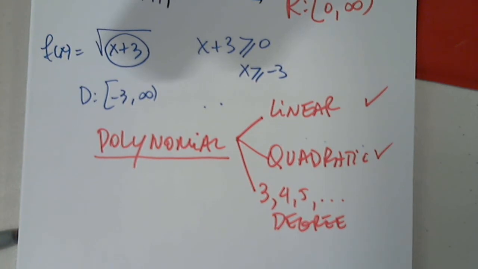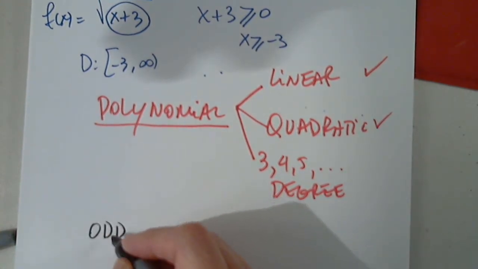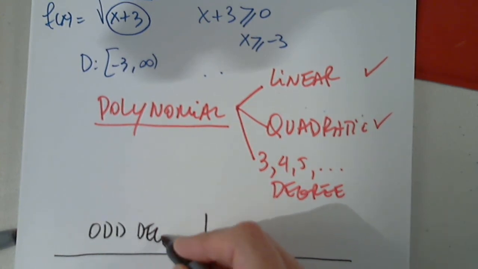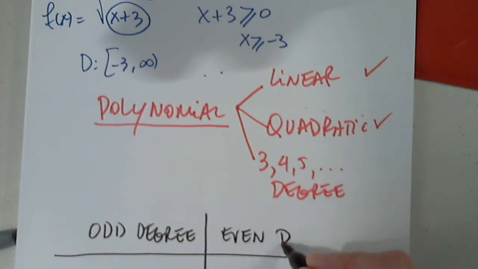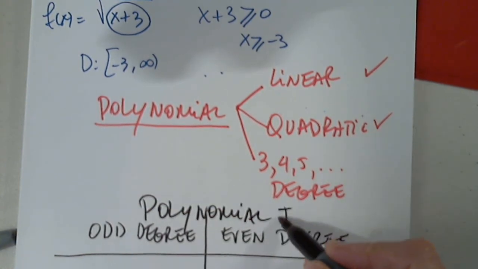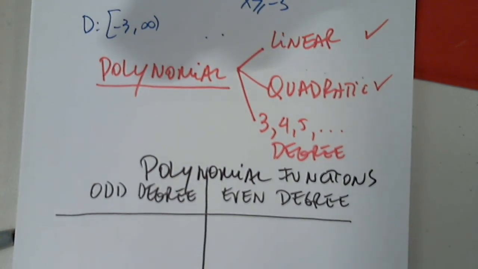So let me give you just a shortcut of what they really mean. An odd degree and an even degree, of course, polynomial functions. An odd degree polynomial function behaves like a linear function.